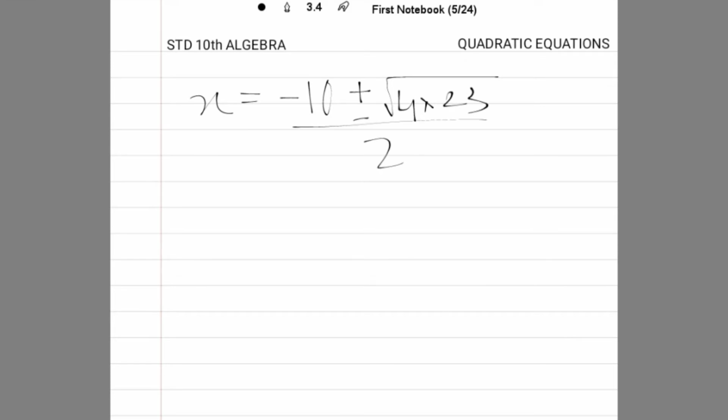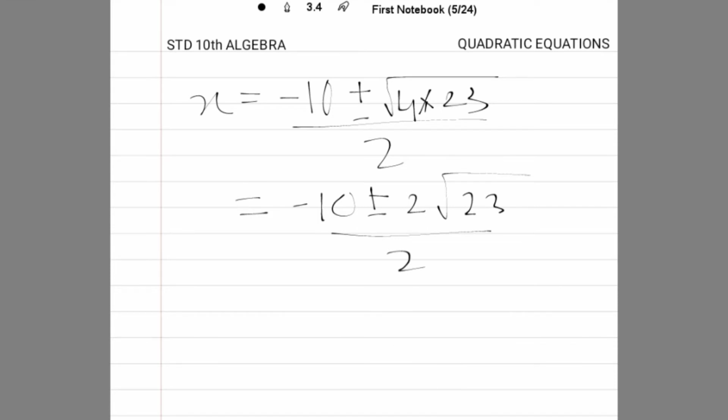You can check that I have factorized it and got these values, so you can just check yourselves, okay? And we will see that this 4 can come out of the square root, right? It is a perfect square, so we can write it as minus 10 plus minus, after this 4 comes out, 2 root of 23 divided by 2.